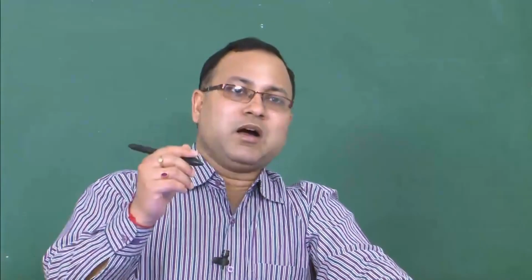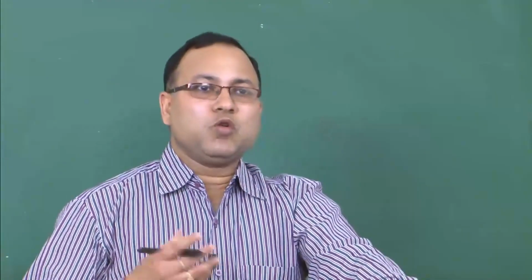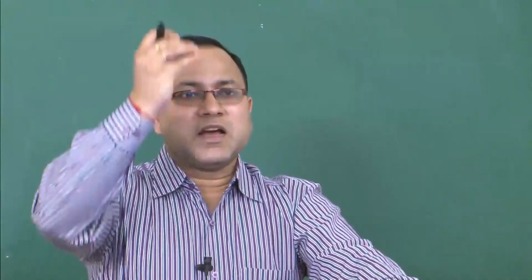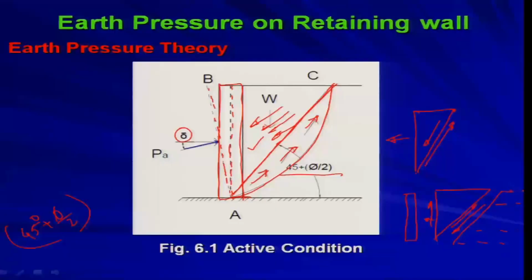So, the steel wall will be acting more like a smooth wall, that means you do not have any kind of roughness at the interface, whereas the concrete wall will provide some roughness, and because of that you will be getting different values of delta.